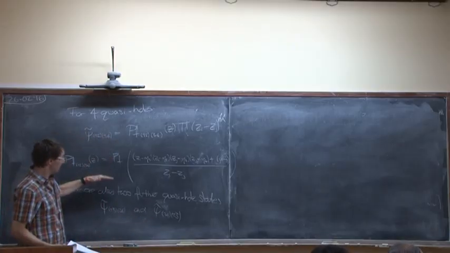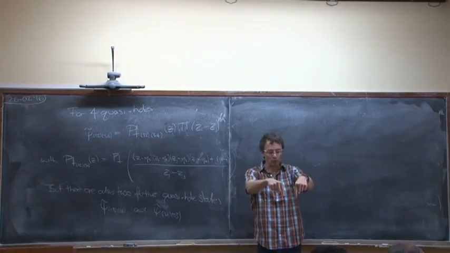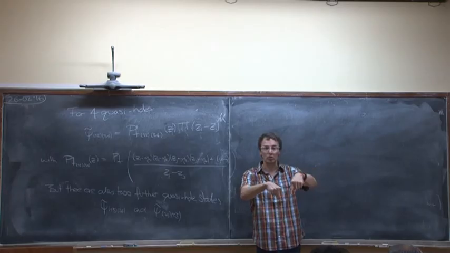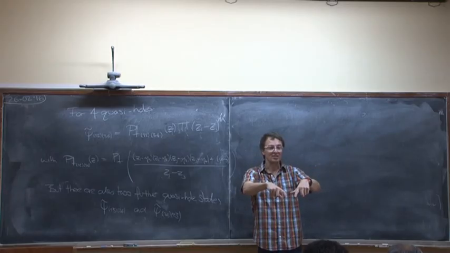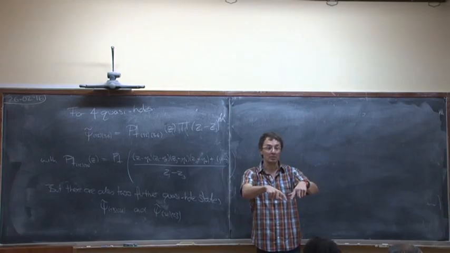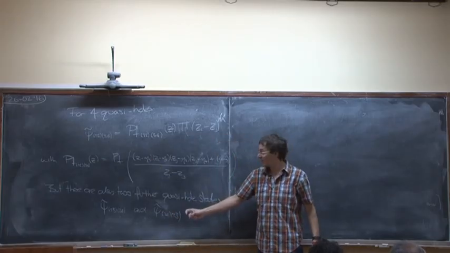Okay, so it looks as if something interesting has happened. You put in 2 quasi-holes, and there's a unique state. Now you put in another 2, so you have 4, and suddenly it looks like we have a degeneracy emerging.